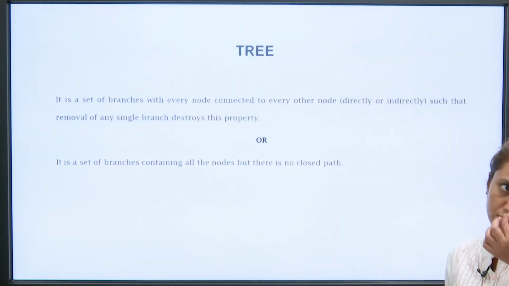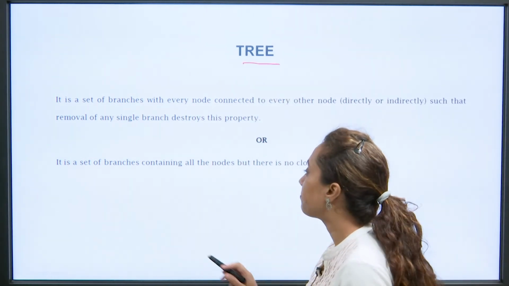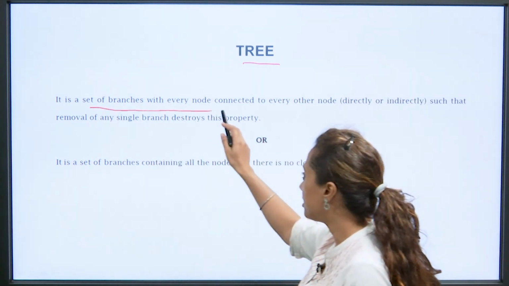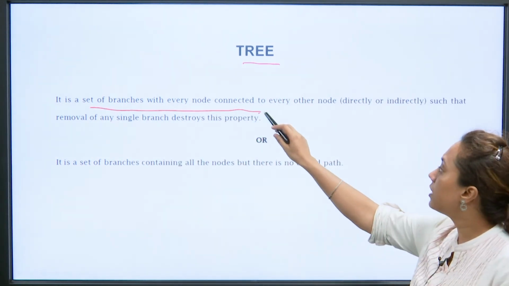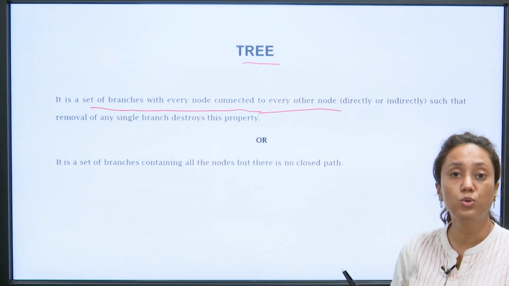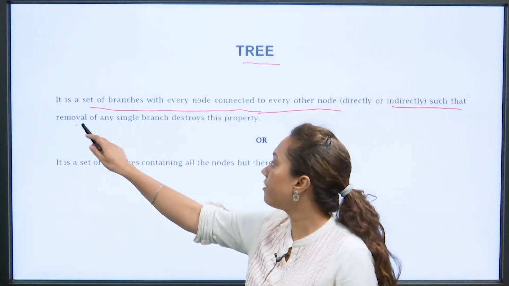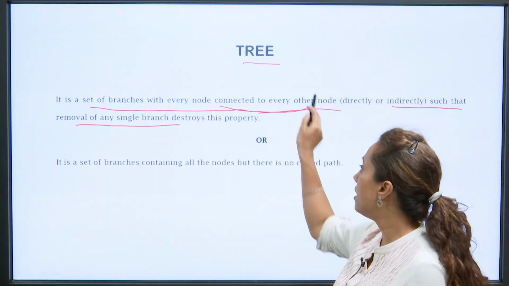Now, the next important definition is the tree. It is basically a set of branches with every node connected to every other node, meaning each node will be connected with other nodes directly or indirectly, such that the removal of any single branch will destroy this property.